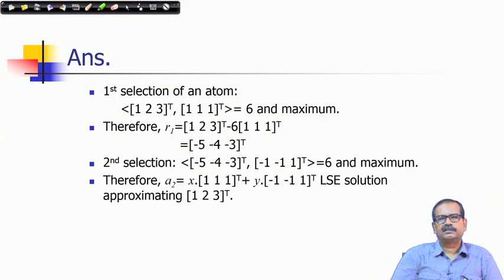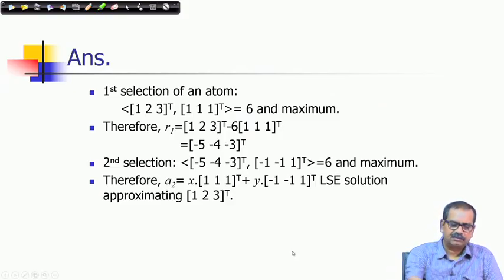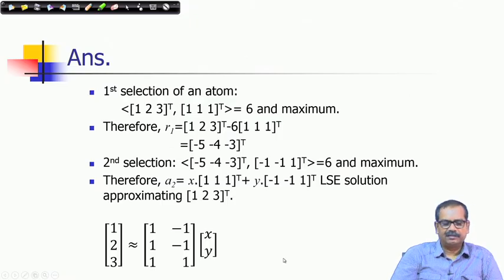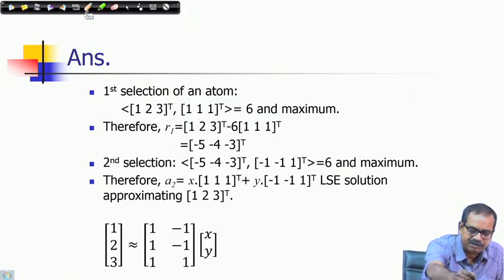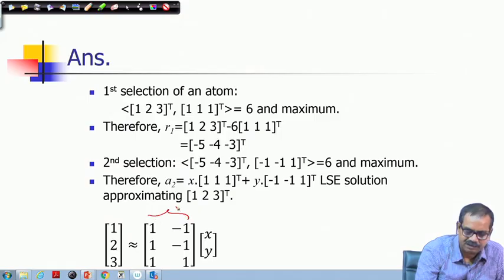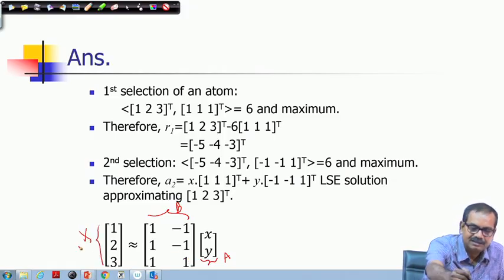So, use this dictionary to obtain the best linear combination representation of the vector, and you form that best set of basis vectors B as we have done. So, this is what is B, and this is what is A in our representation, and this is the input. This is what was X in our representation.